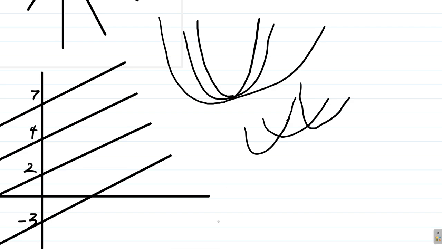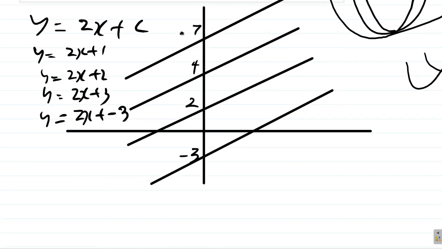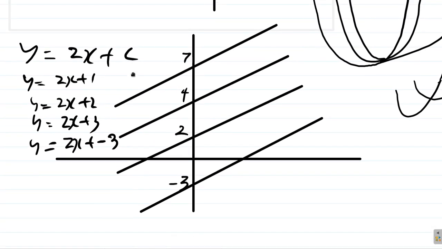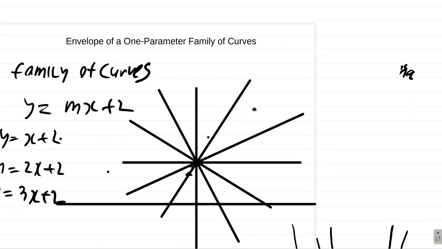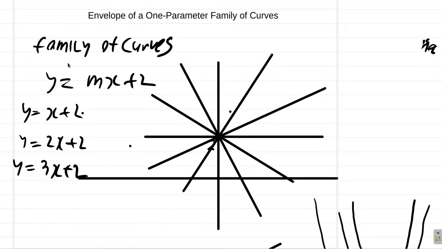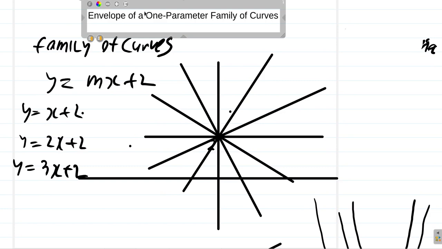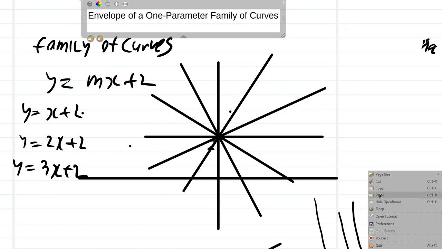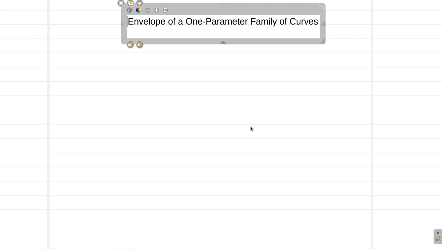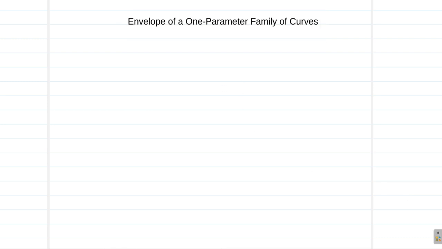Now, the next thing we want to look at. Let me just, alright, I'm going to erase, but I'm going to just do one erasing. So let me copy what I have here and just erase and then paste it back. So the next thing I want to look at is envelope.